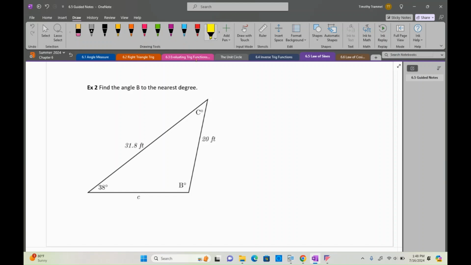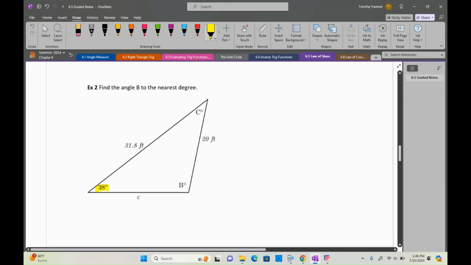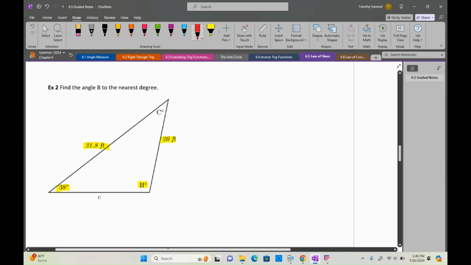let's note that we do have a matching angle inside. Okay. Additionally, I do want to find this angle B, and I have the side opposite of it. So when I go to set up my equation here, all right, I would actually this time like to have the angle on top so that it's easier to solve for.